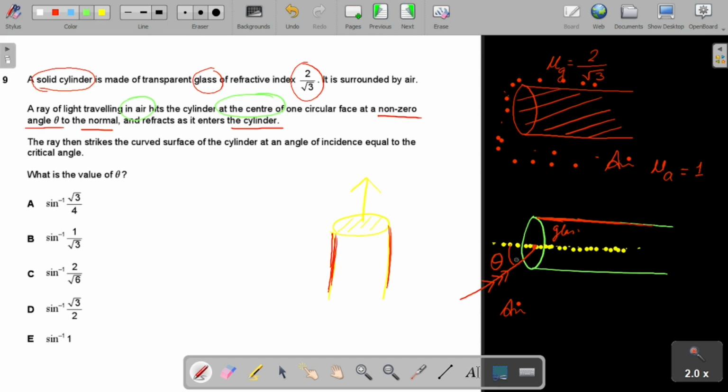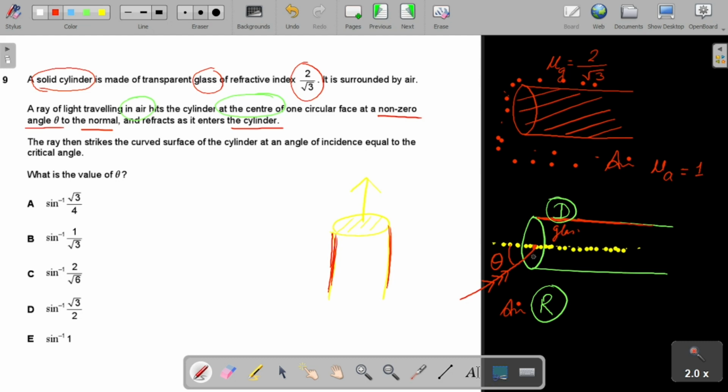First of all, there is a change in medium at this circular surface. The ray will encounter a change from rarer medium to denser medium, right? Glass is denser with respect to air. So what is going to happen?